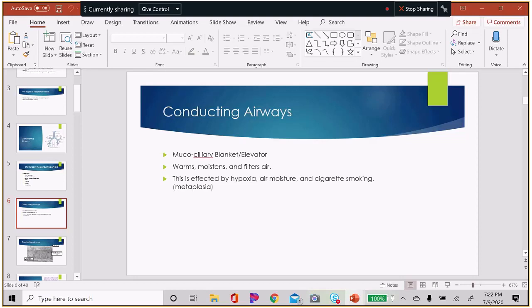We know that one of the ways that cells adapt to stress is to change type, which is metaplasia, which can happen in the airways, especially in exposure to chronic smoking.